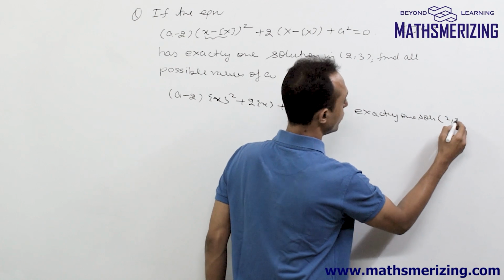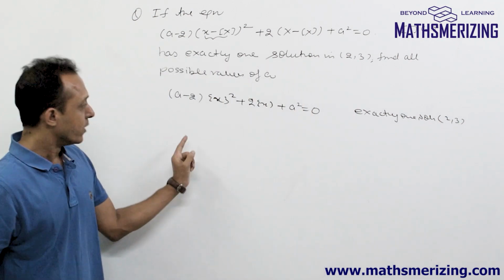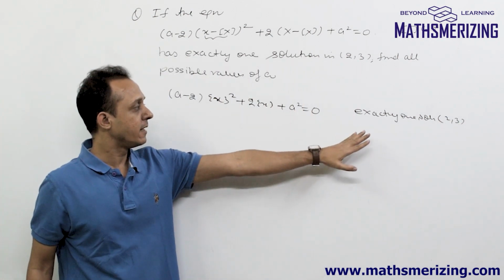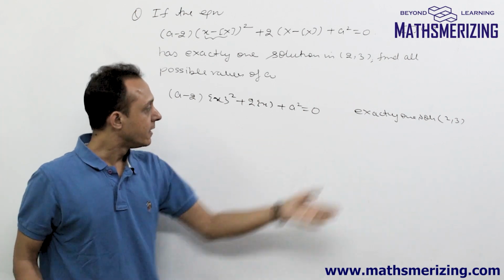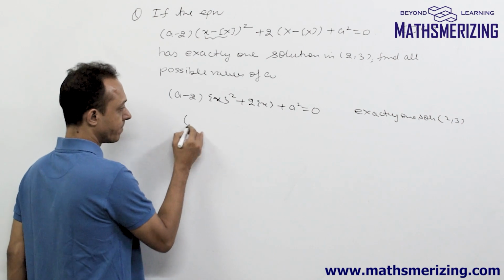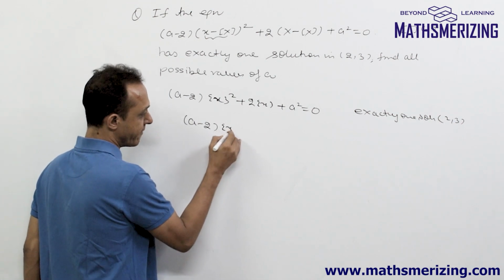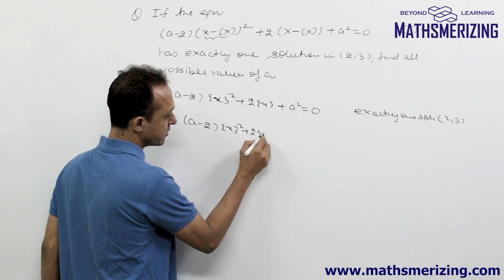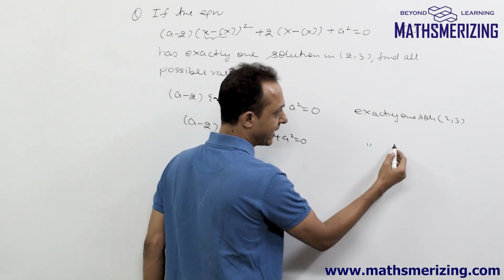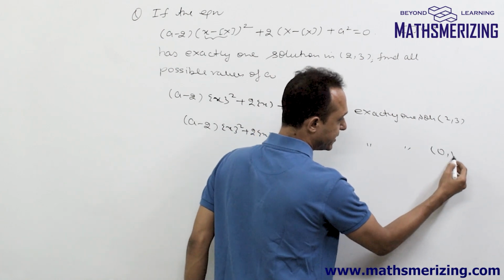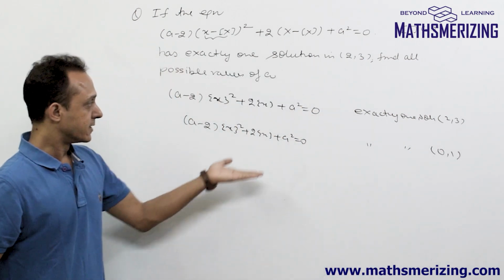in 2, 3. But what I do know is any fractional part function is a periodic function. So if it has exactly one solution in 2, 3, I can also say that (a minus 2)(fractional part of x) square plus 2 times the fractional part of x plus a square is equal to 0 will also have exactly one solution in the interval 0, 1, because it's a periodic function.